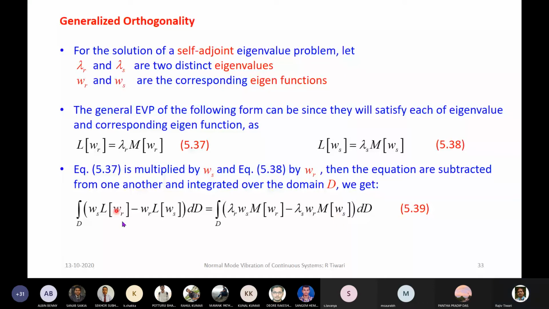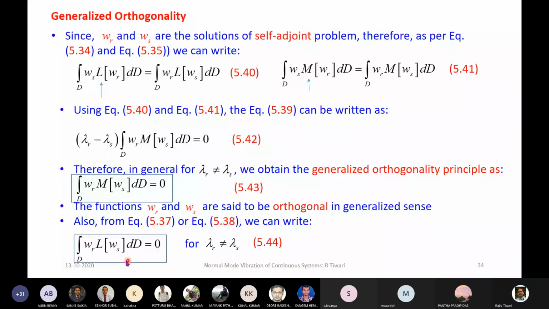So if we multiply this by WS and integrate over the domain, this quantity will be zero. So we'll have the L operator with different eigenfunctions also being zero. So not only the M operator, but also the L operator will give the same condition, the orthogonality condition of the eigenfunctions. So these are the two properties which we'll be using.